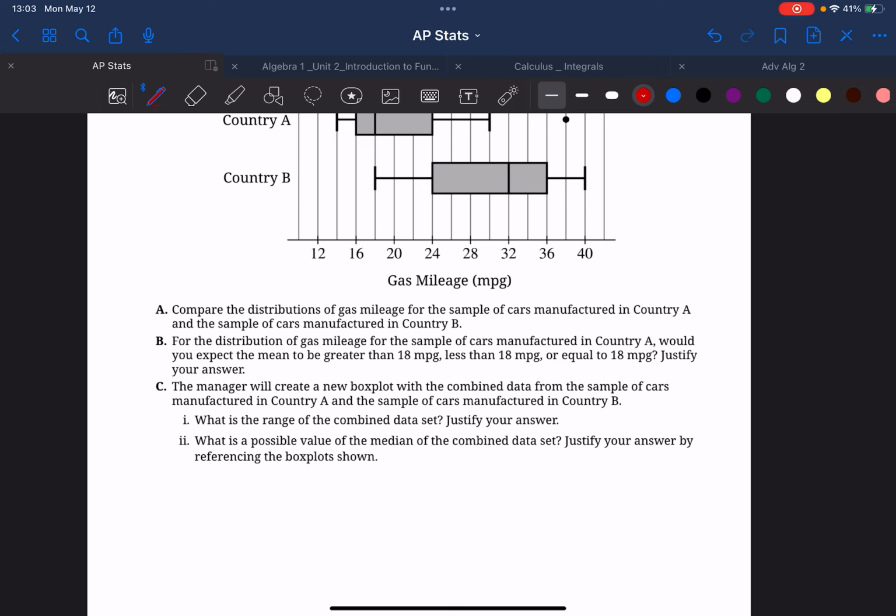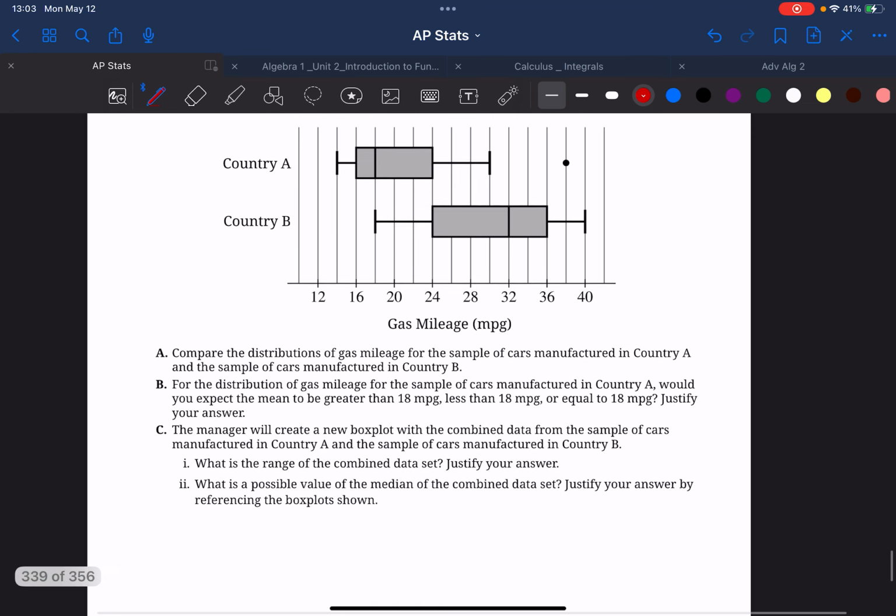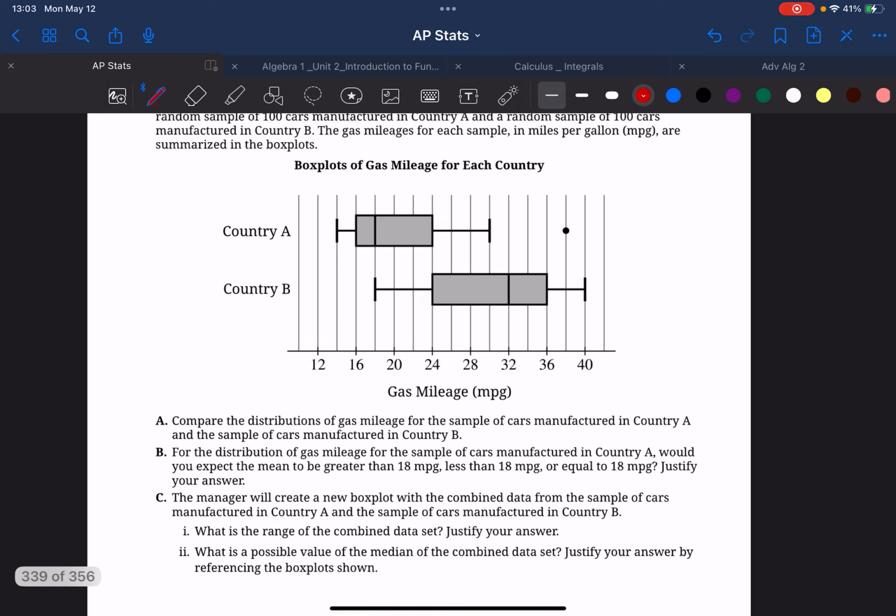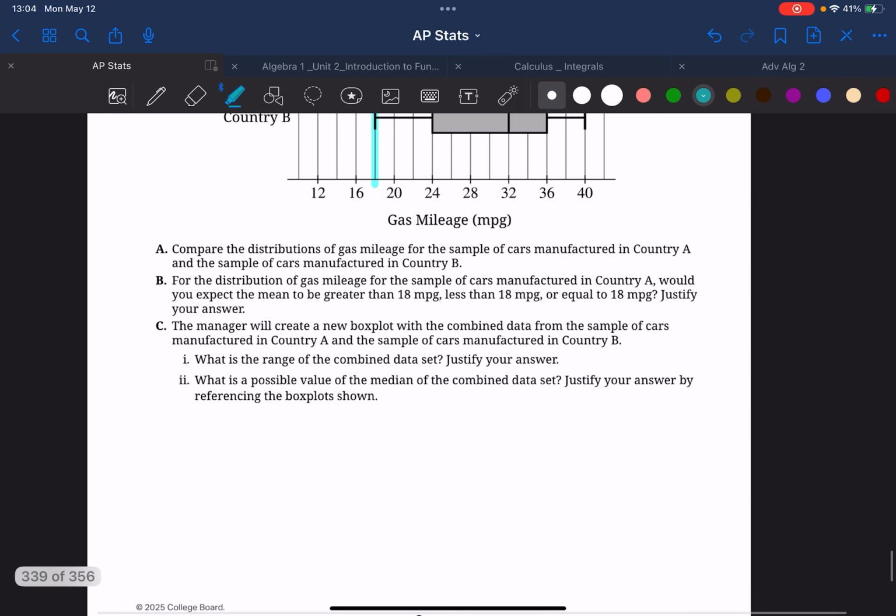For B, it's asking about country A. Remember, for country A, we found that the median was 18 miles per gallon. But since we had some skewness in here, more specifically that it's skewed to the right, that would tell us that our mean value would be greater than our median value. So I would write that out.